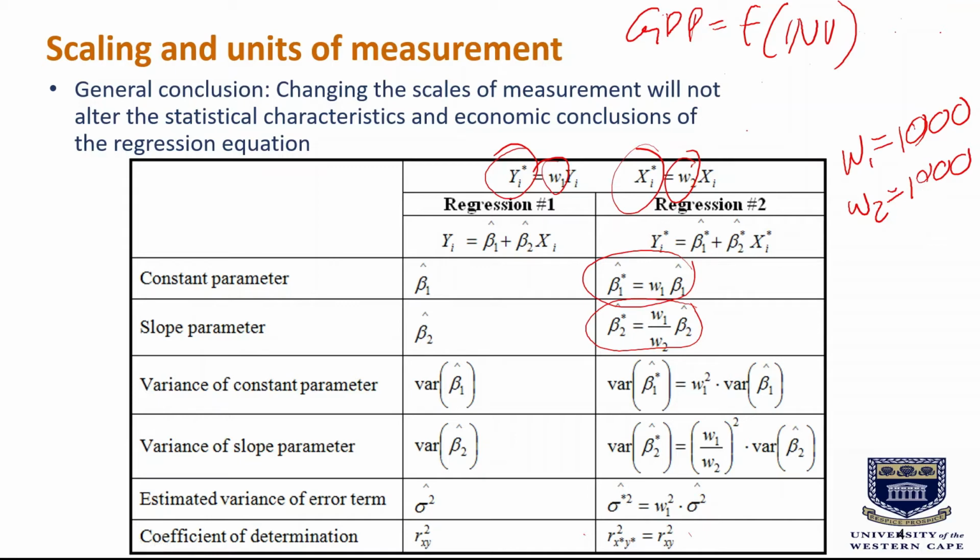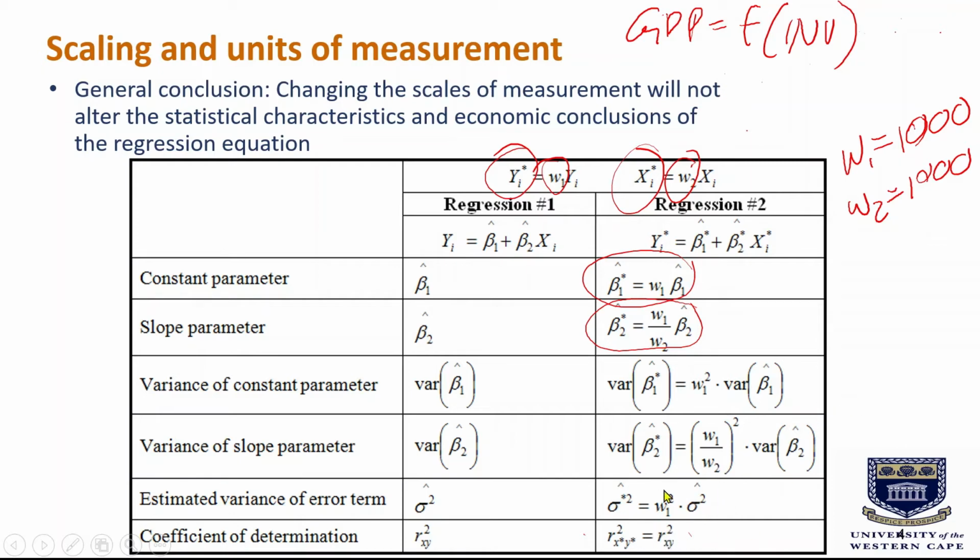Okay, so notice at the bottom here that the coefficient of determination is scale invariant. There's no W1 or W2 in the right-hand side of the conversion formula over there.